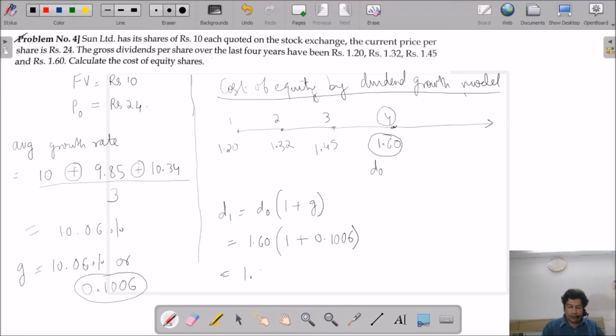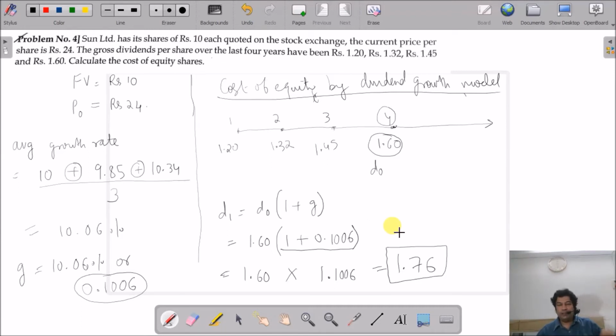So 1.60, this I'm going to multiply by 1.1006. So I'm going to get D1 as 1.76. So this is my D1.